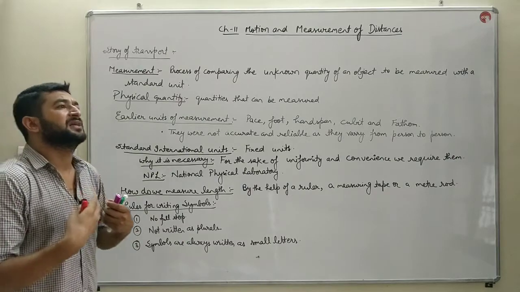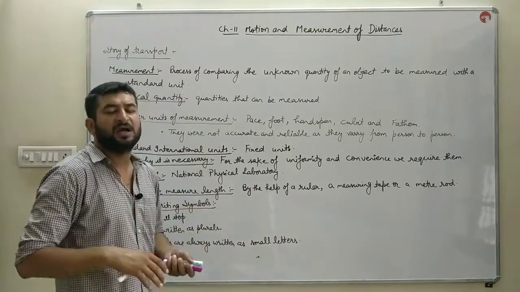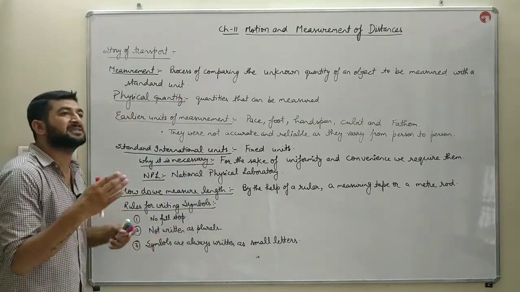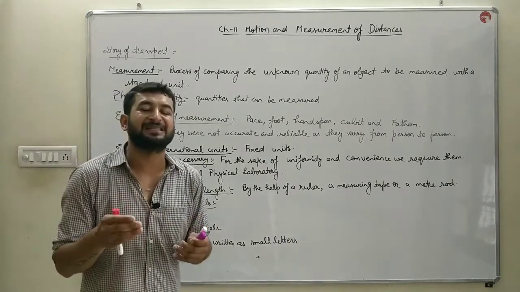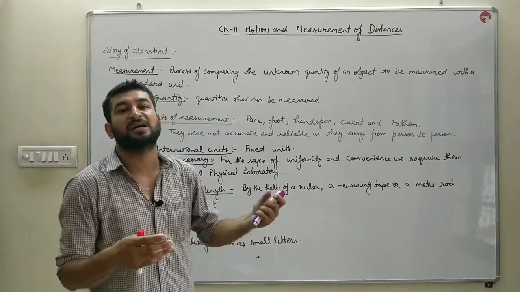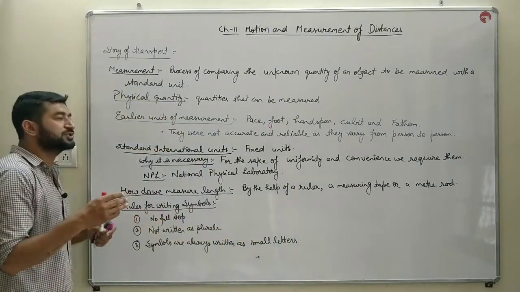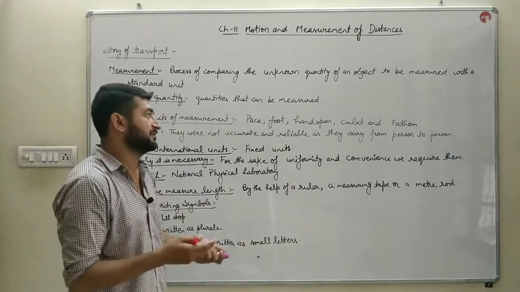Then, after the discovery of the wheel, carts were formed. People used to travel with the help of carts, like bullock carts or horse carts, from one place to another.